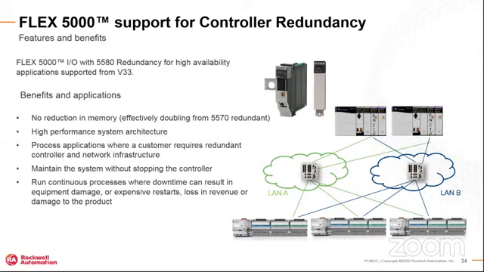So what we'll see here is that within L8, we'll be able to support the Flex 5000 design, and Flex 5000 has the ability of supporting both device level ring and parallel redundancy. So you'll now have the ability to support it on both. If you're looking at the L7 design, you'll be at version 31. If you're looking at the L8 style design for ControlLogix, you'll be looking at version 33.